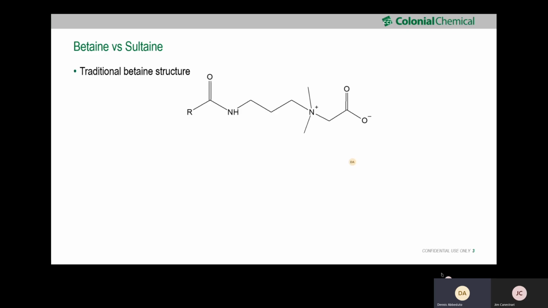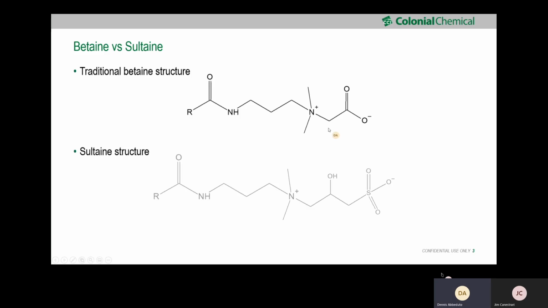Here we have our imidapropyl type betaine structure, starting from the left with our fatty alkyl group, going through the amide, and then we have a quaternary nitrogen that's a permanent quat, and then the carboxylate group that terminates.